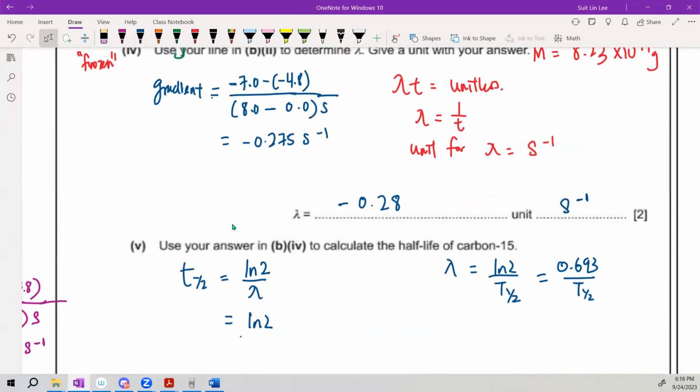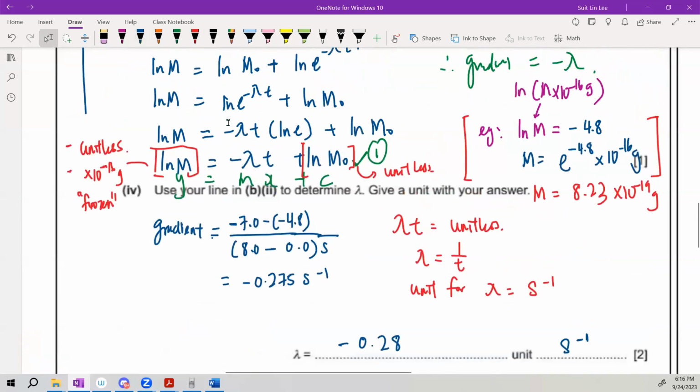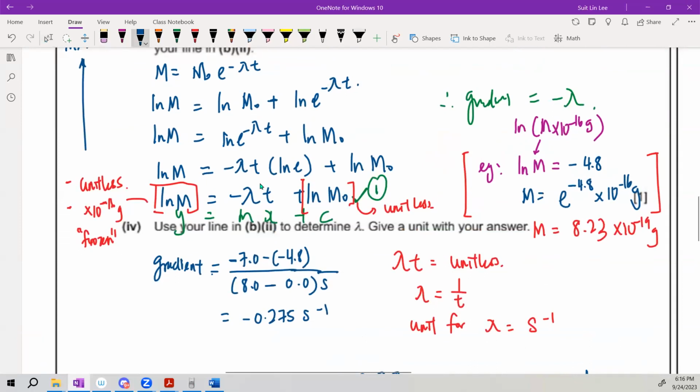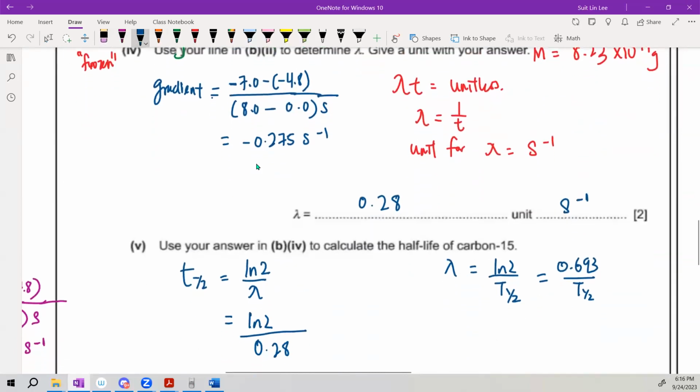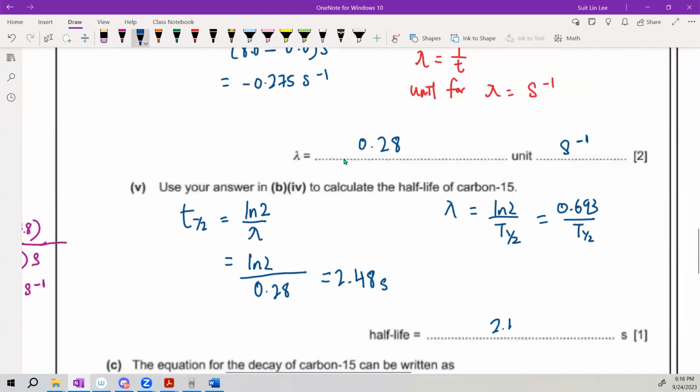So ln 2 divided by 0.28. Wait, should I leave a negative? Oh no, gradient is negative lambda. So this one is positive, because time cannot be negative, right? Anyway, there'll be ln 2 divided by 0.28. This is 2.48 seconds. Even if you don't know this unit, you can use this to help you.